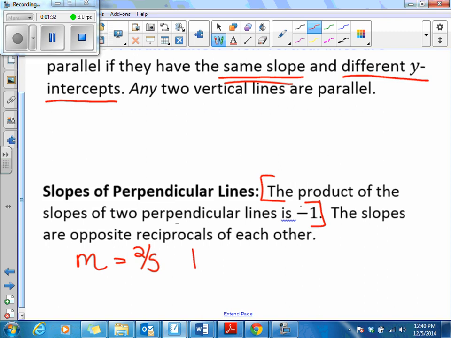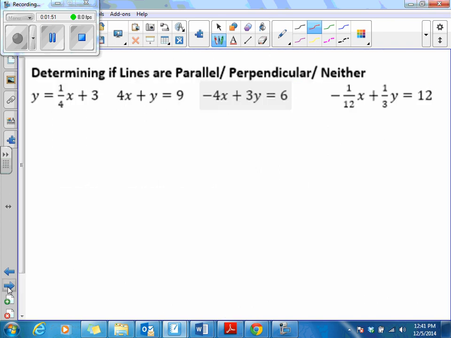What does that mean? A perpendicular line would have a slope of opposite. Well, if this is positive, the opposite would be negative. Reciprocal: the reciprocal of 2/5 is 5/2. So slopes are opposite reciprocals of each other for perpendicular lines.